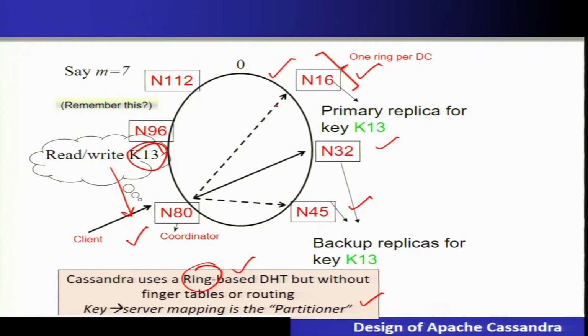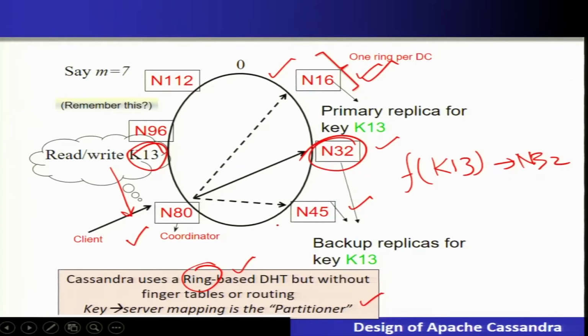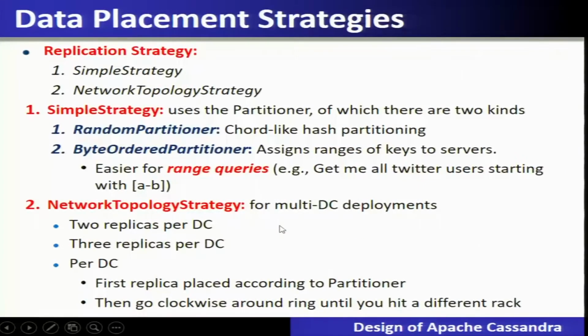One entry is given by the hash function. If you apply the hash function to K13, it will give this N16 entry, and it will give N32, which is shown over here. And then maybe backup replicas will also be supported.